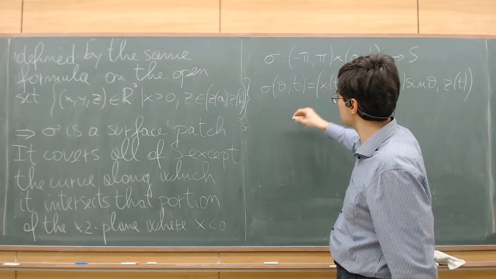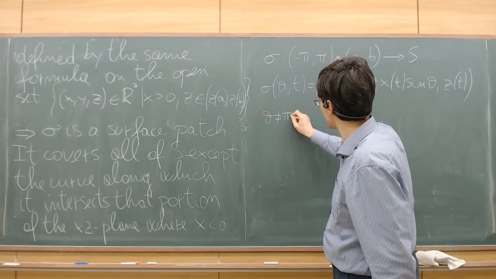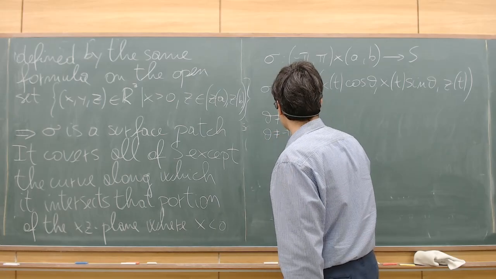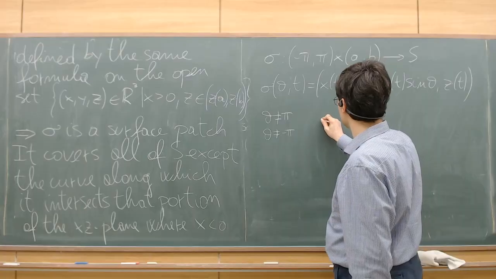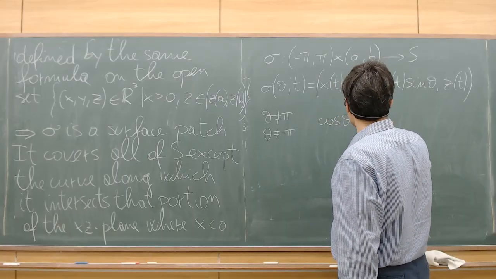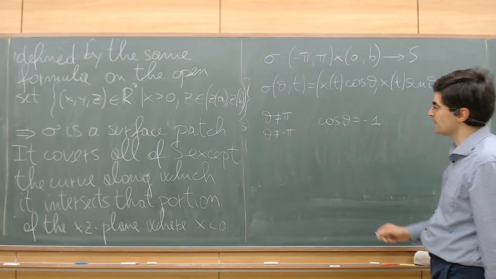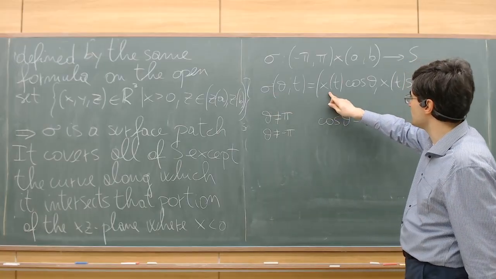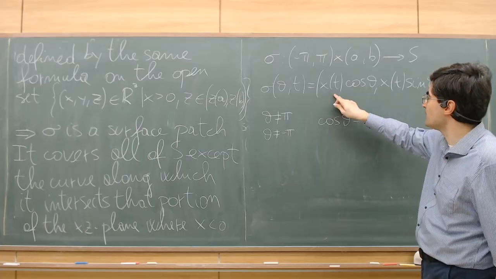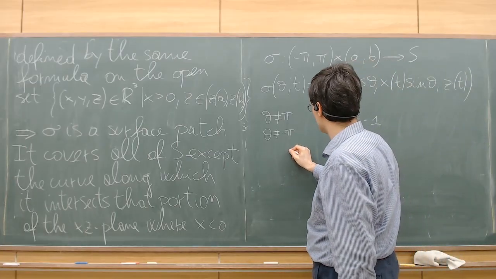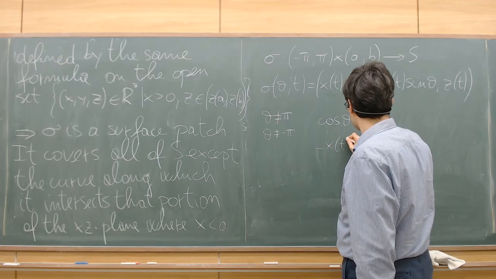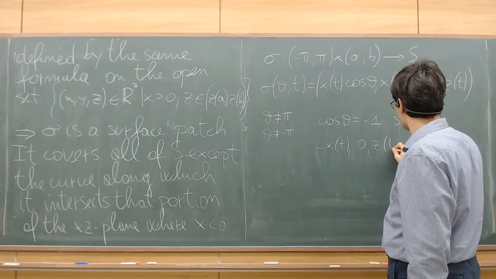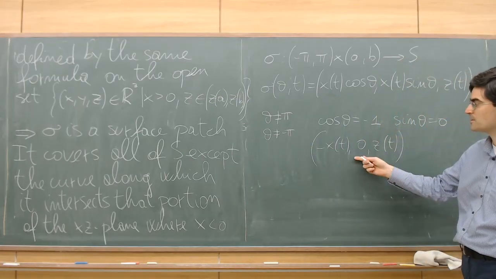So theta cannot take the value pi and minus pi, for which cosine of theta is minus 1, and in this case sigma would be equal to minus x of t, and since the sine of theta would be 0, the image would be this point.